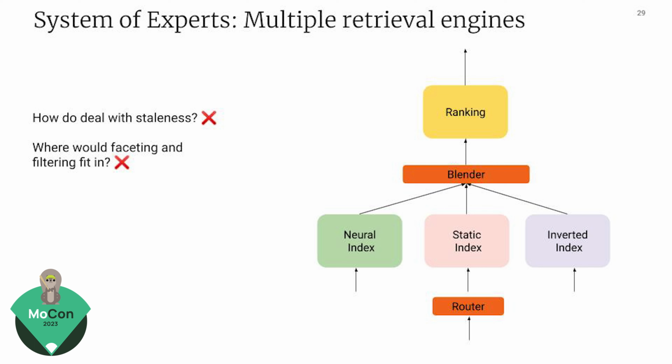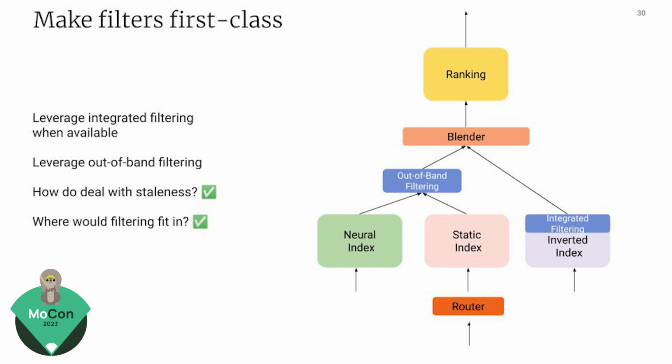But we have multiple retrieval engines, and each of these retrieval engines is becoming an expert in its own domain. Text retrieval is really good for point queries. If you type in CNN, the inverted index would be really good at giving you the Wikipedia page of CNN or CNN.com, right? But if you type in a query that is more semantic, you want a neural index to handle it.